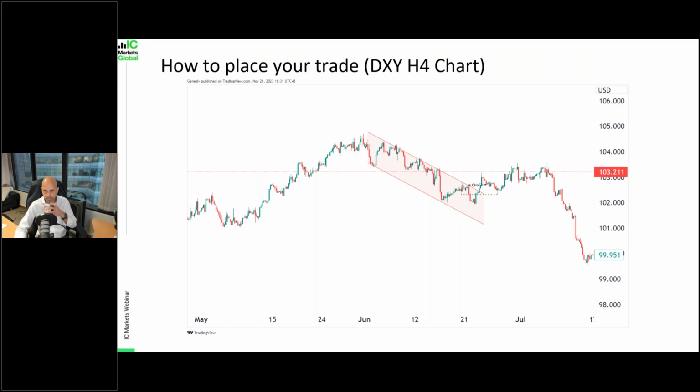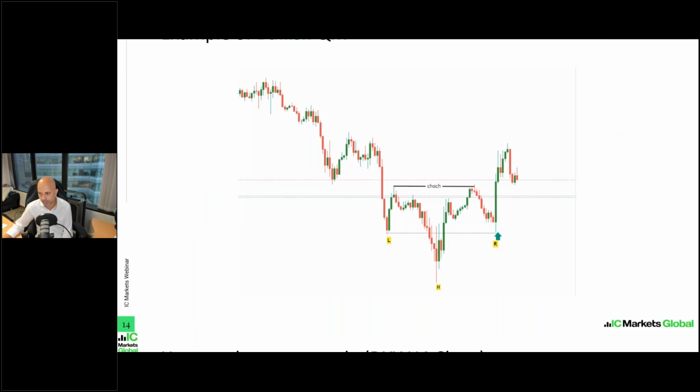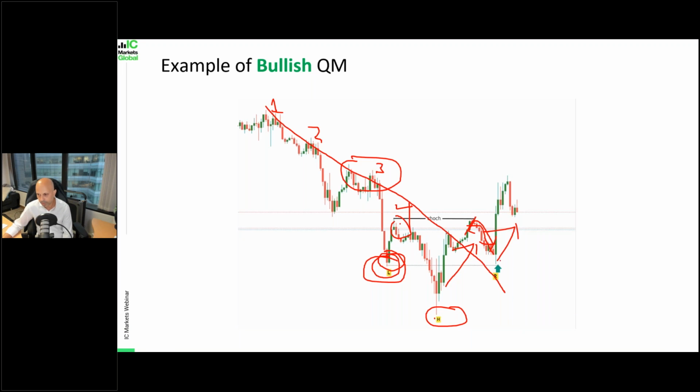All right. Now we're going to use the example of, in this instance, where would be the exact entry here. Okay, so for this example, you would be looking for price to at least come very close to this level here. Let's just call this the neckline here, and then reverse off it. Because in this particular example, we don't really see price bouncing here, you could place a buy limit order at exactly this price point, which is this level. But for this particular scenario, this buy limit would not have been triggered, right?